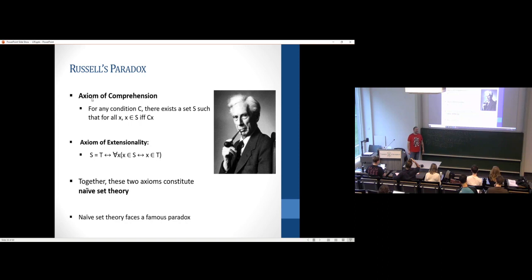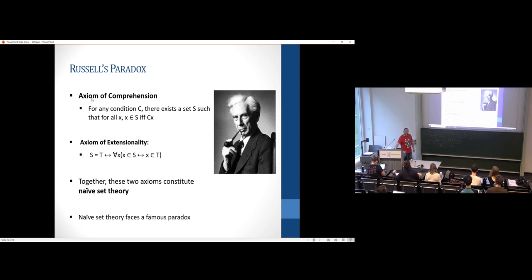Cool. There's a set of people who are left-handed that like Billy Joel and the Eiffel Tower. Cool. Whatever condition you can think of, there's going to be a collection. It might be empty, in which case, cool, you've just renamed the empty set. These two axioms of comprehension and extensionality lead to a paradox.